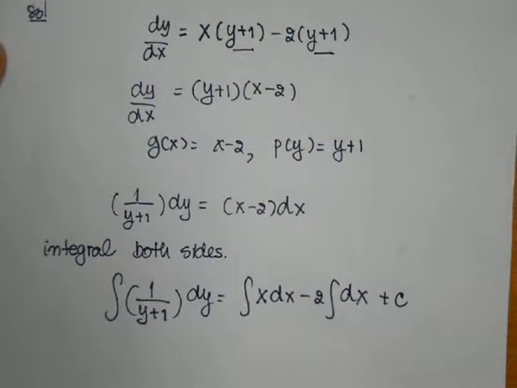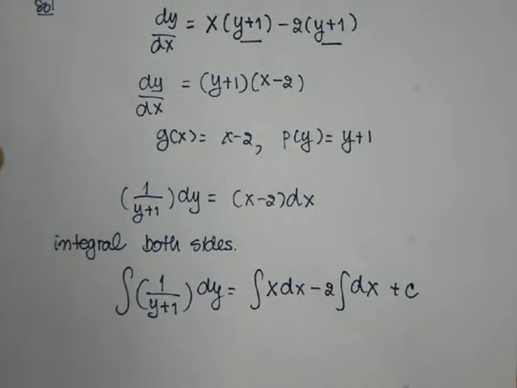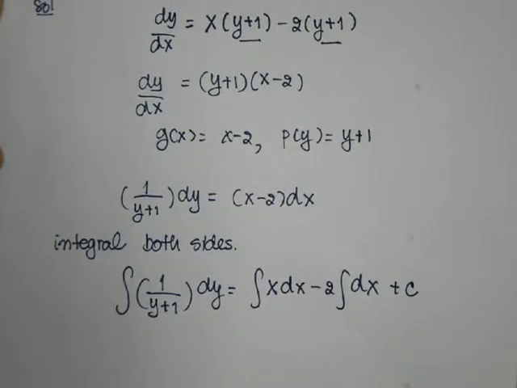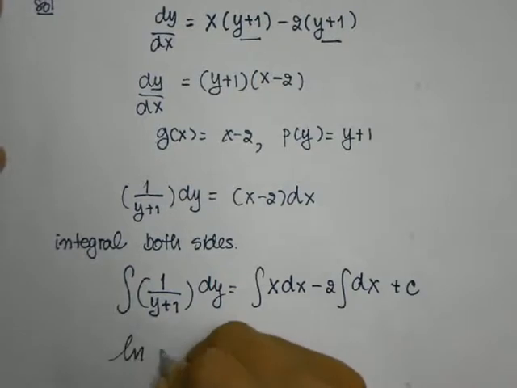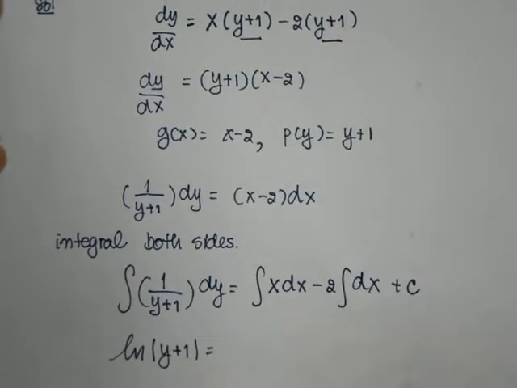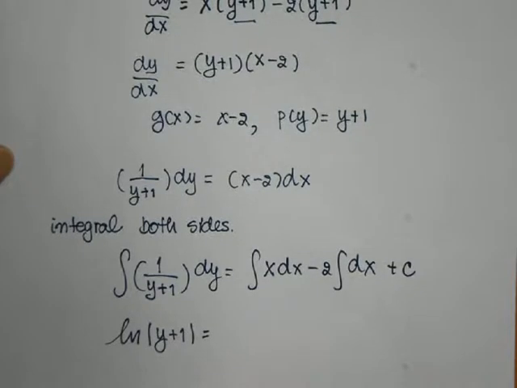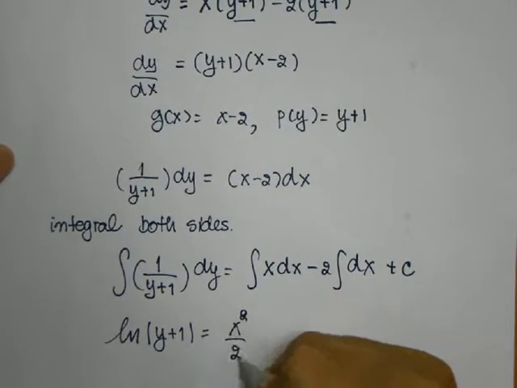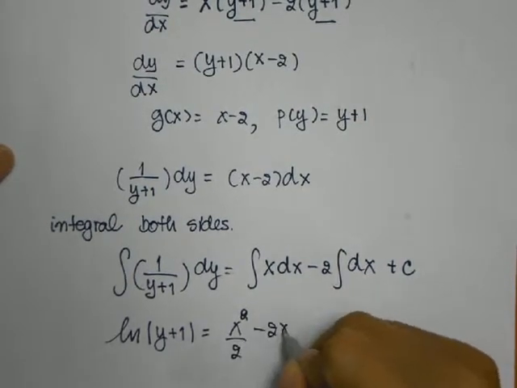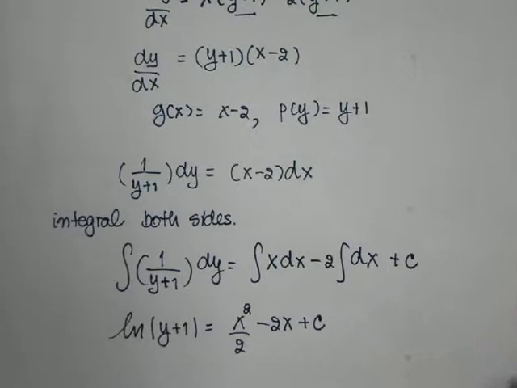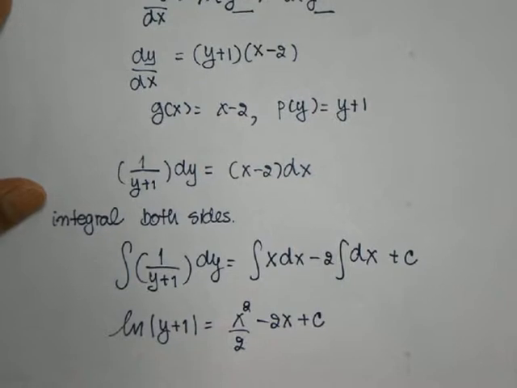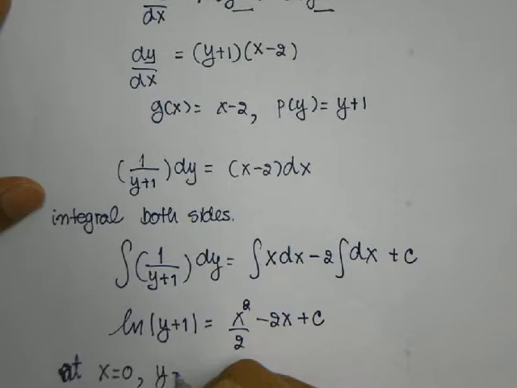The left hand side, we do the integral, what do we get? ln of y plus 1. And on the right hand side, x squared divided by 2 minus 2x plus c. But this problem statement gives you the boundary condition saying that at x equals 0, y equals 1.